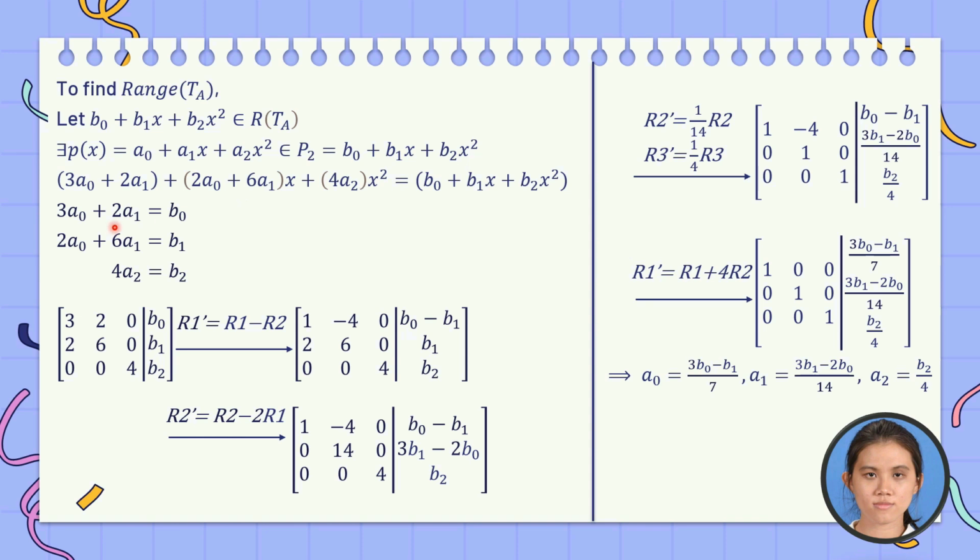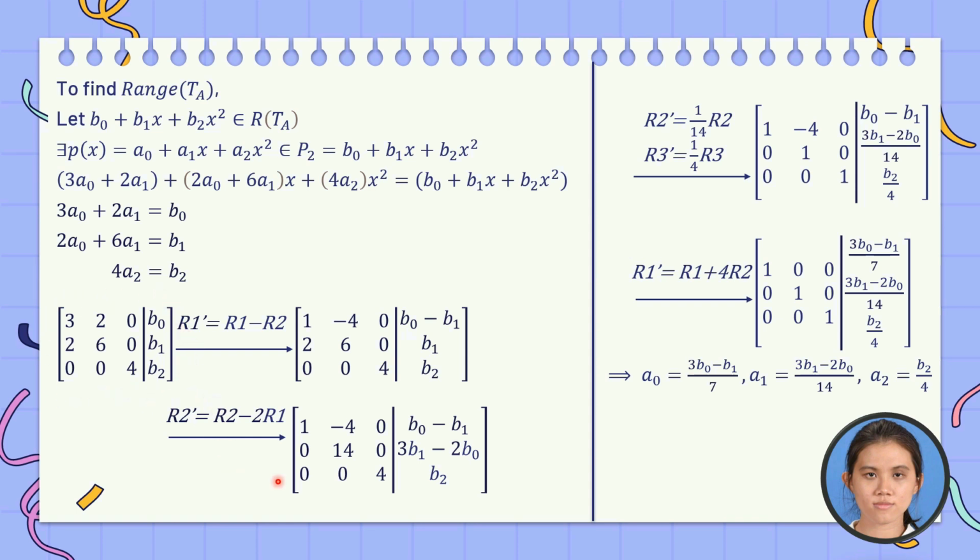By using all of the information given above, we can create an equation in which 3A0 plus 2A1 plus 2A0 plus 6A1x plus 4A2x squared equal to B0 plus B1x plus B2x squared. By using this equation, we can create a system of linear equations and create an augmented matrix.